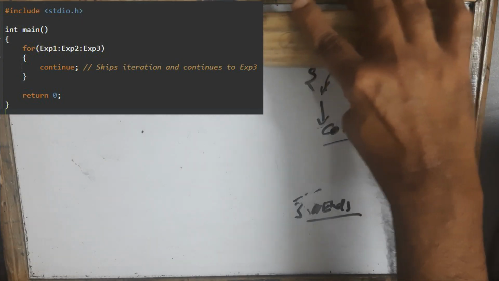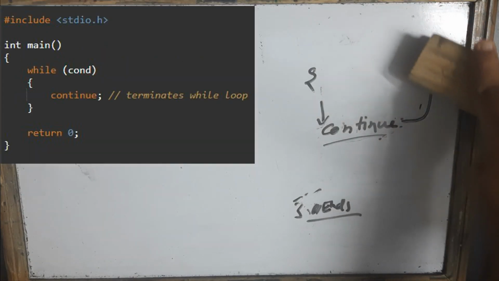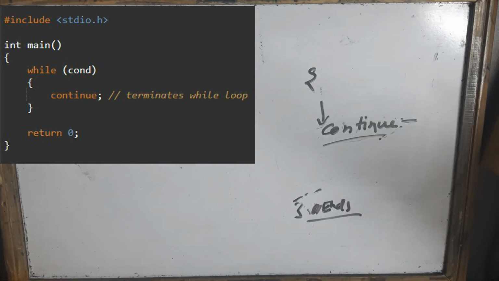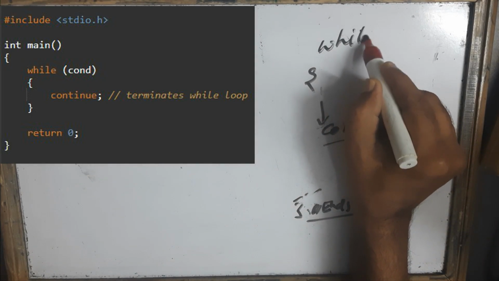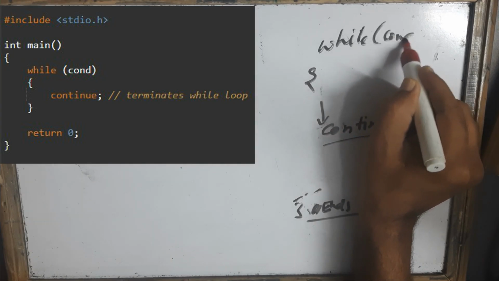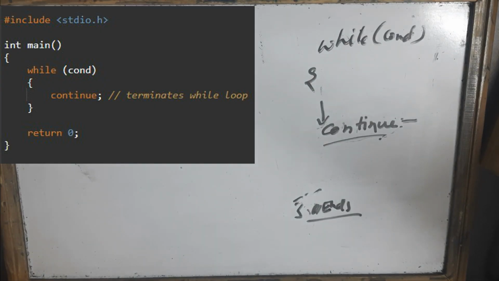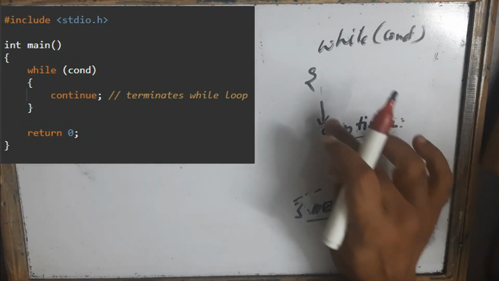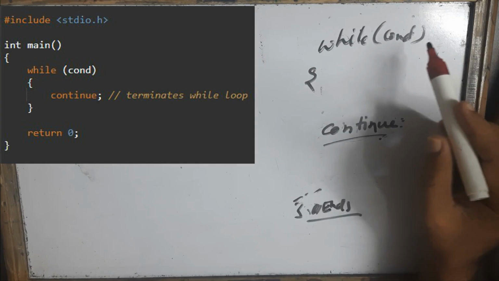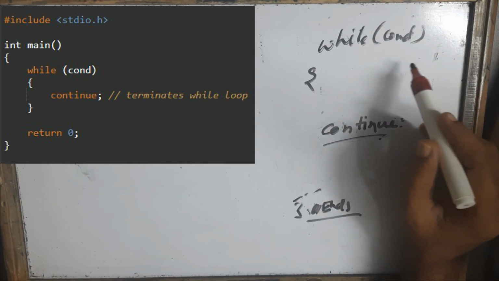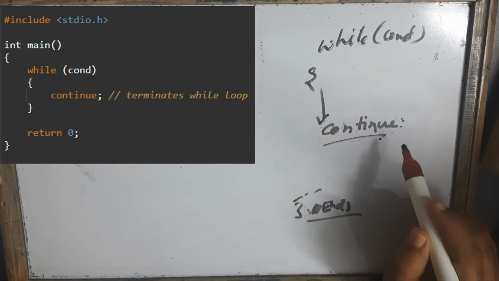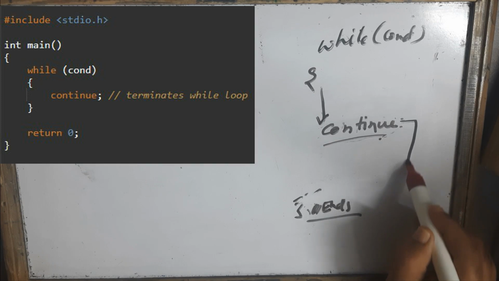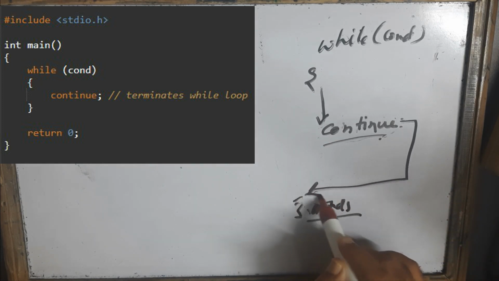And for the while loop, this is very important. This is an important difference for the while loop. This is the while loop condition. In this while loop, whenever the computer comes across the continue, it will directly take you out of the while loop.